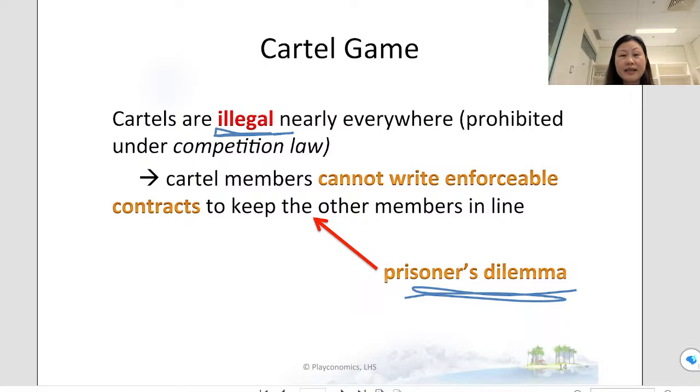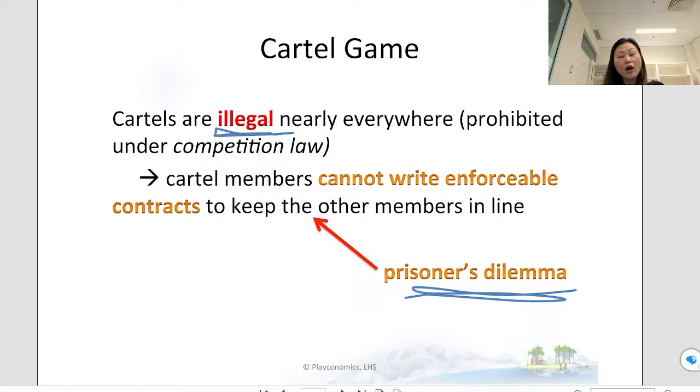I did mention that OPEC, the Organization of the Petroleum Exporting Countries, is a cartel. And I did mention previously that Saudi Arabia is the largest member out of 13 members of OPEC. And I also just mentioned that Saudi Arabia finds that cartels are illegal.